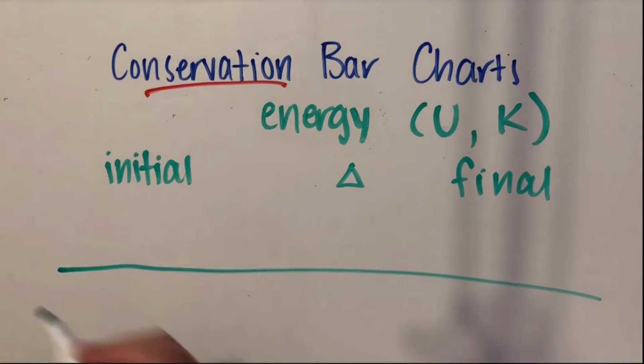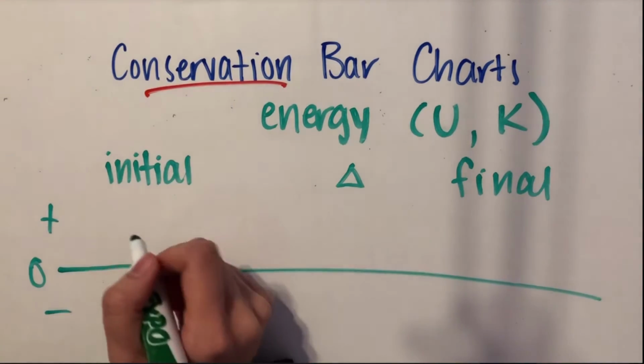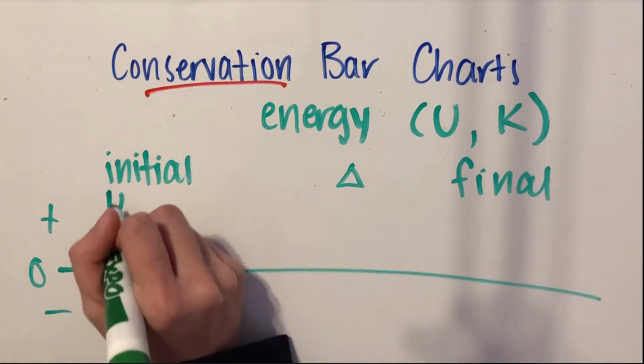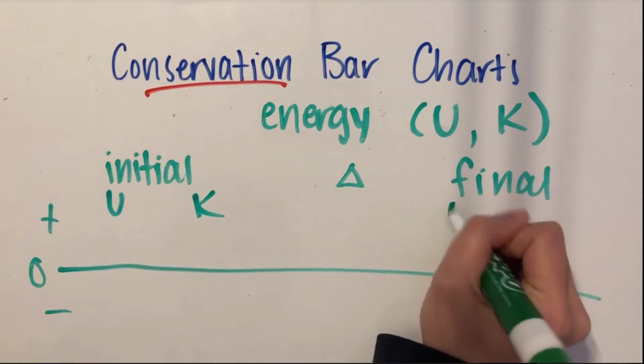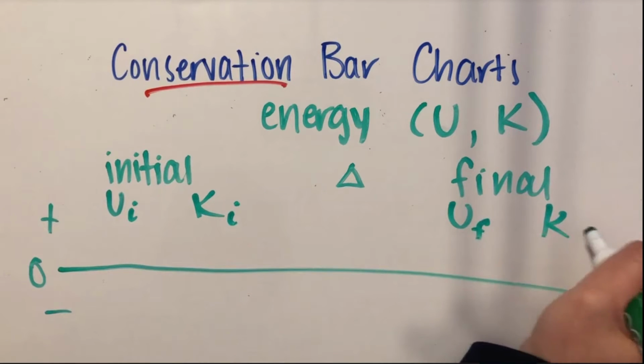We'll have our horizontal line, which is zero. On the initial and final sides, we'll have our potential energy and kinetic energy, and you can put little subscripts for initial and final if you want to.